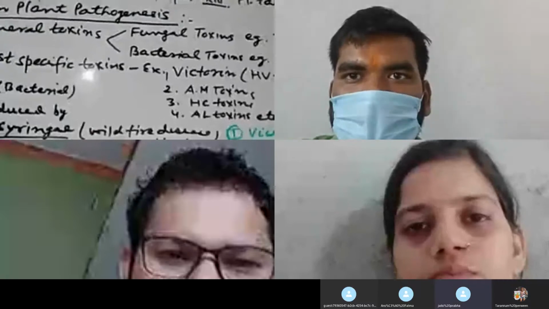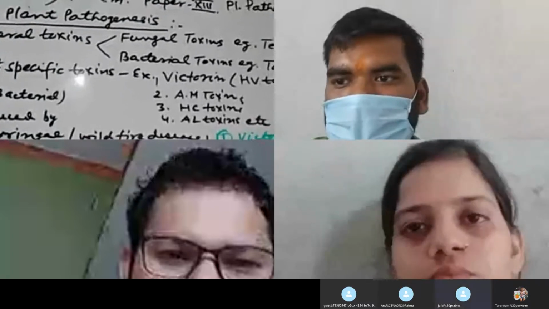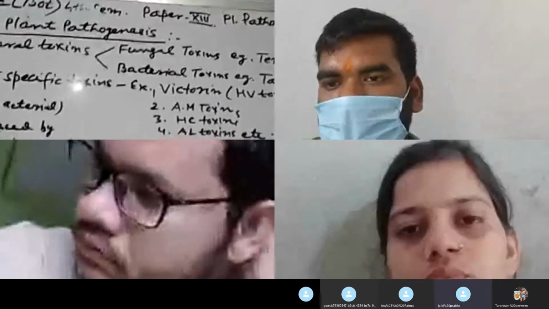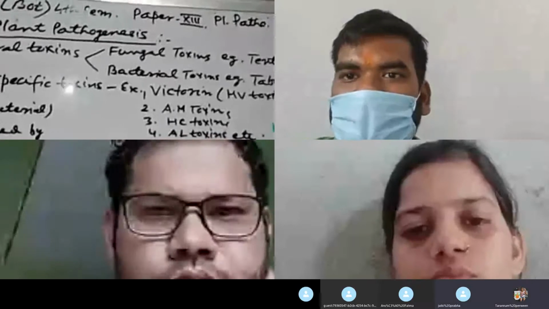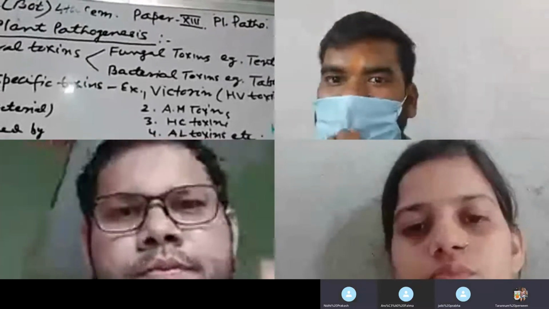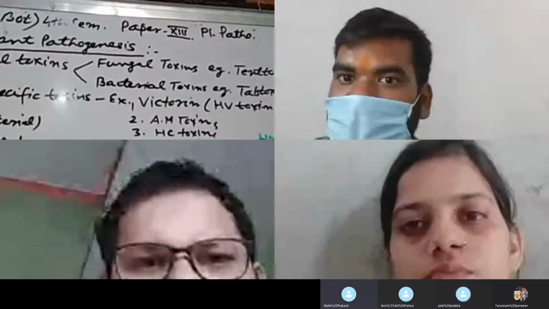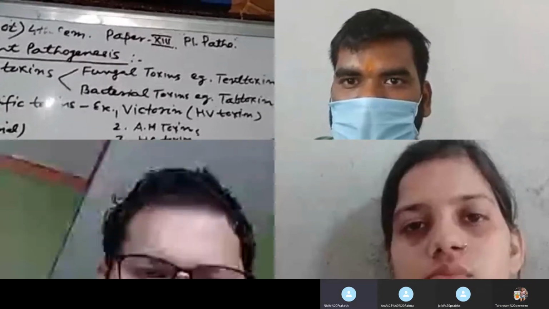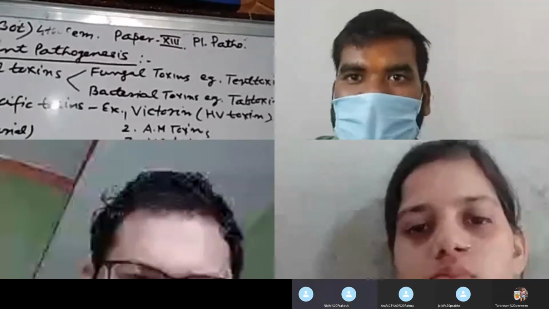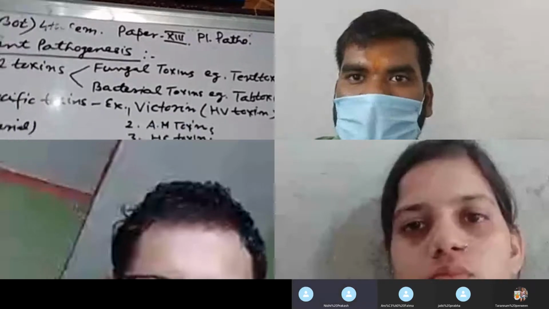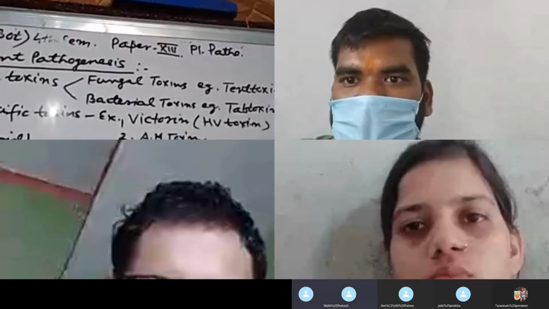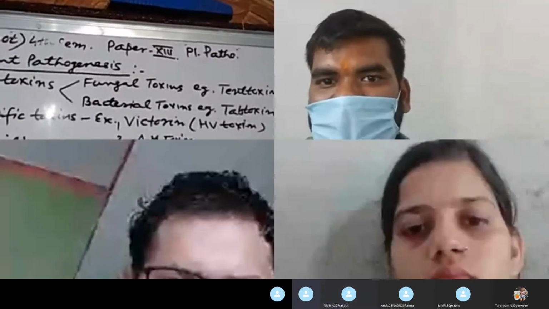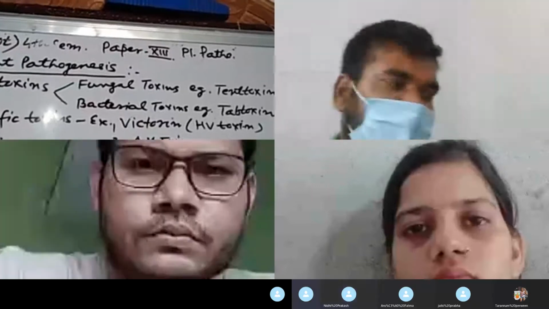This tabtoxinine, the hydrolysis product of the TAP toxin, inactivates the enzyme glutamine synthetase. What happens? This tabtoxinine brings about the inactivation of glutamine synthetase.